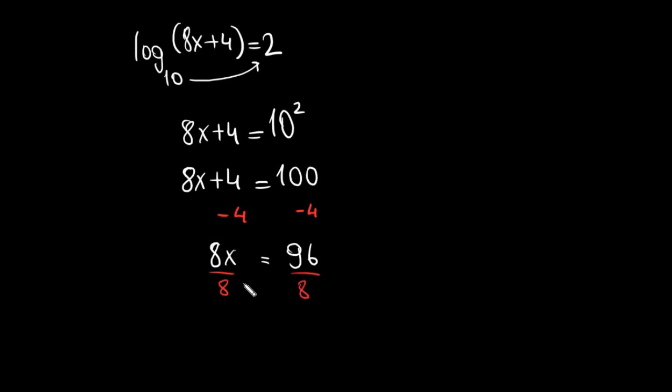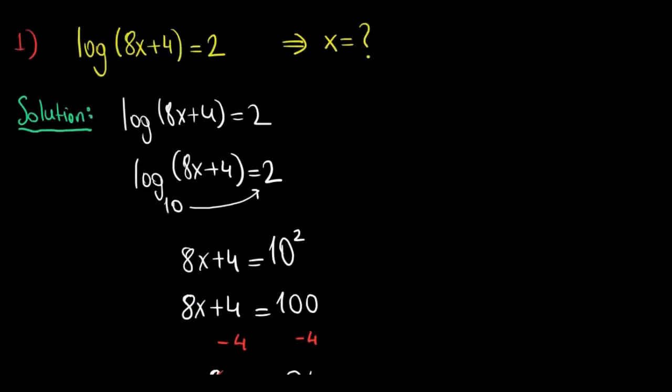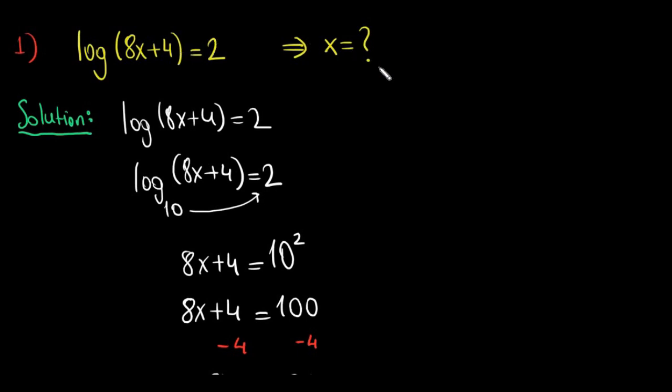Divide both sides by 8 to get x, so x is going to be 96 divided by 8. If you divide 96 by 8, you get 12. So x is equal to 12 in this equation.